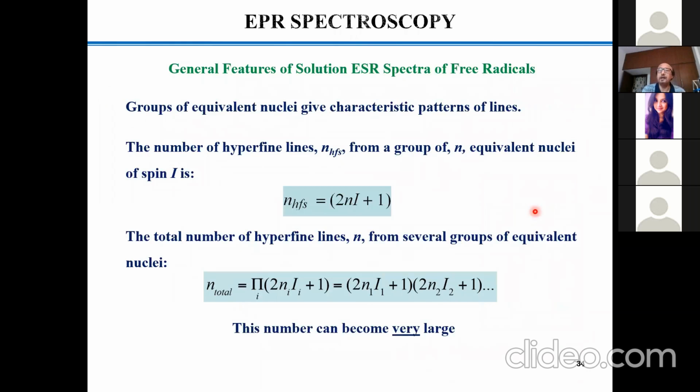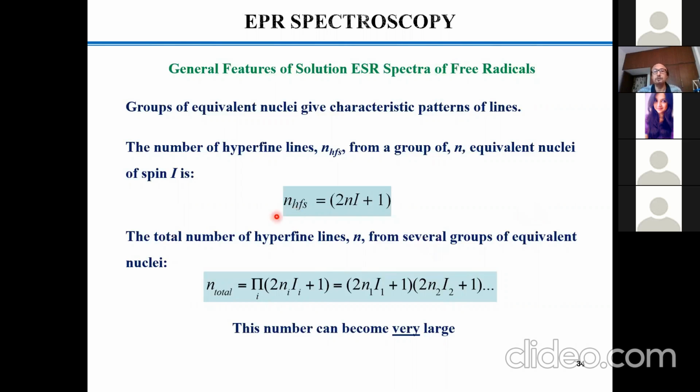Now we are coming back to a molecule where one particular atom is attached to other atoms, and then you will have more than one effective I-containing setup. Then how many lines could you anticipate, at least theoretically? Practically, it depends on various factors.